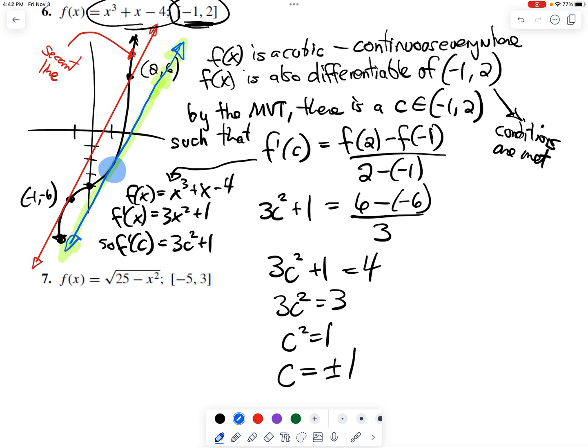But, oh, hold on a second. That's right on the endpoint of the interval. So because -1 is not part of this open interval, we can rule out -1 and just say that c should just be +1.